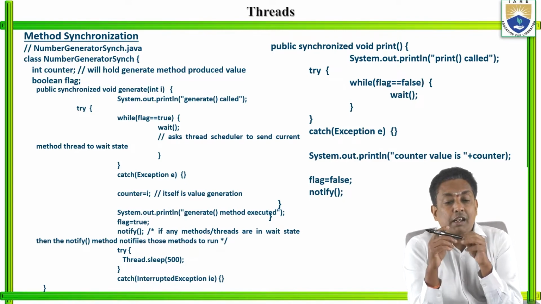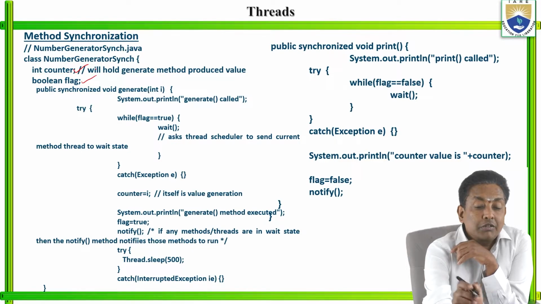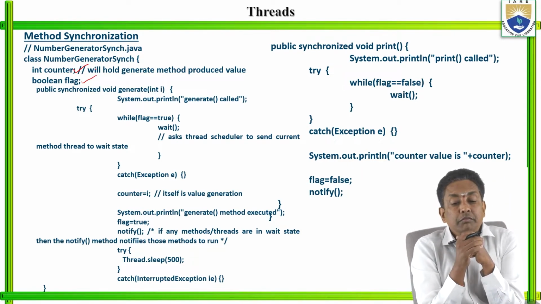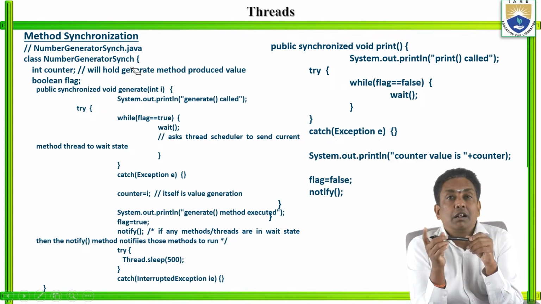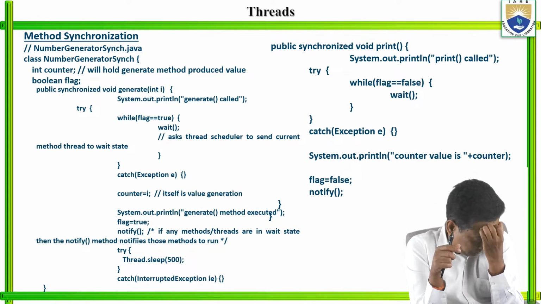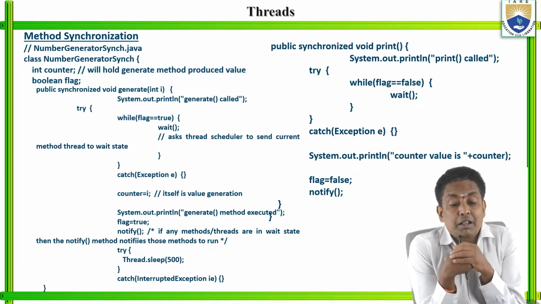In this class, we declared two variables: one is an int counter and the other is a boolean flag. What are they for? Think for some time and after that I'll come to the explanation.